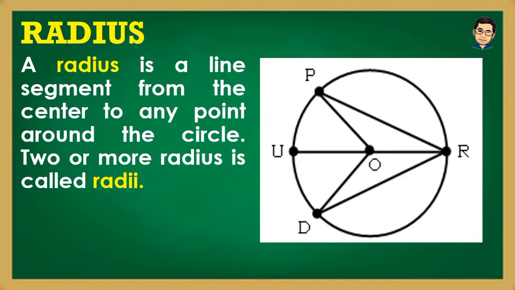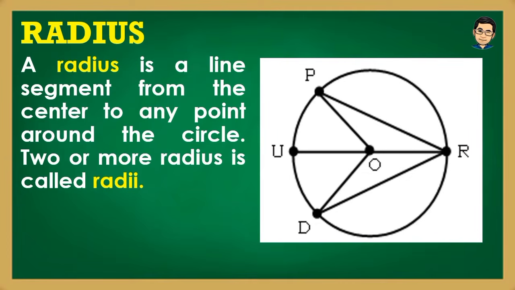So paano natin identify yung radius sa given circle na yan? Based from the definition, it is a line segment from the center to any point around the circle. Mag-uumpisa po or isa sa mga endpoints ng radius is yung center.